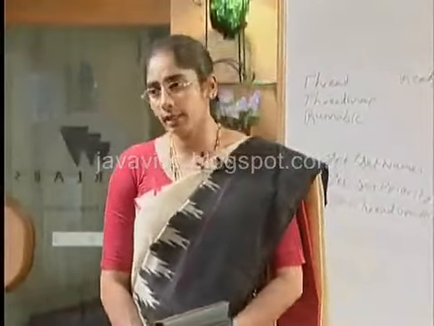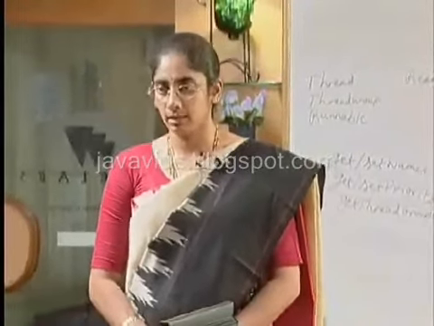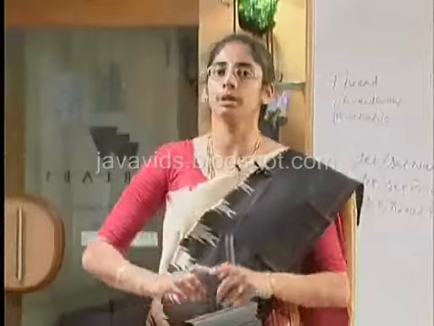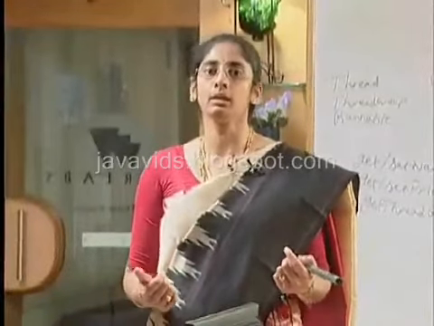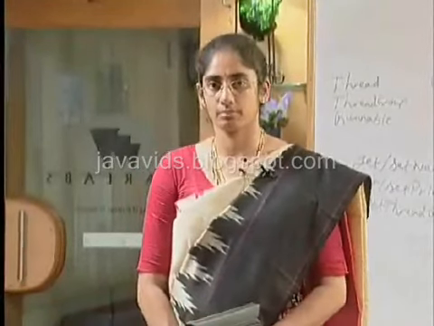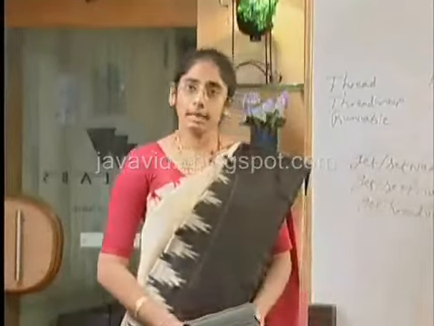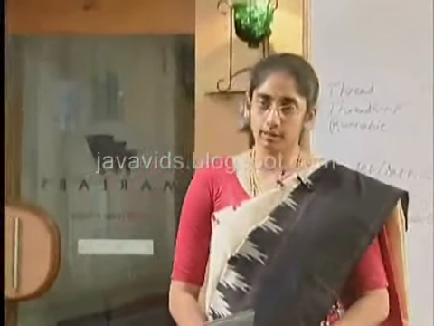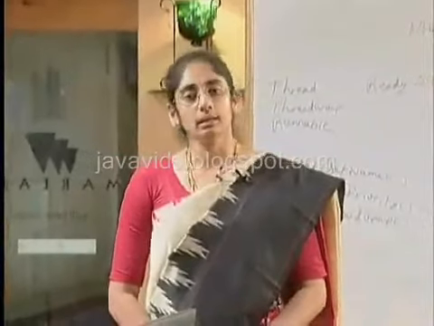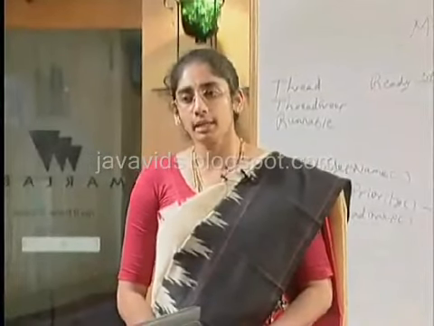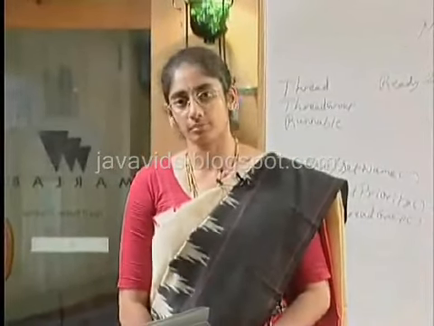You need to specify a value between 1 and 10. If you specify a value beyond this range, either way, you get an IllegalArgumentException. If I don't set a priority for a thread which I create, then the thread gets the same priority as its parent thread.